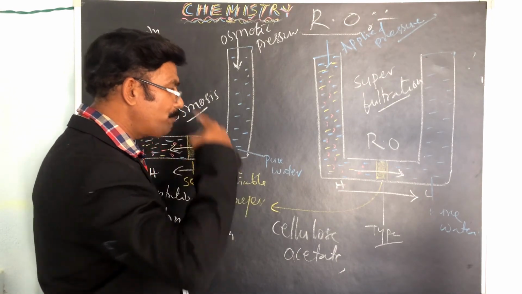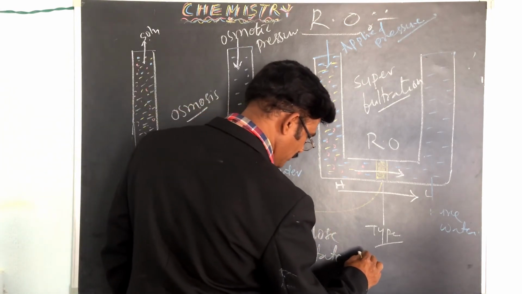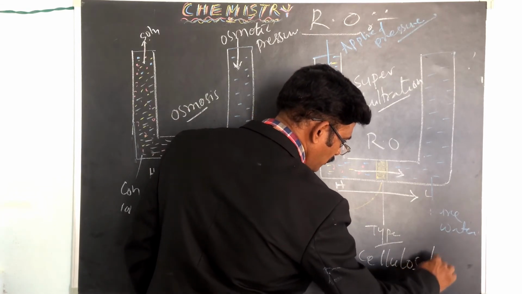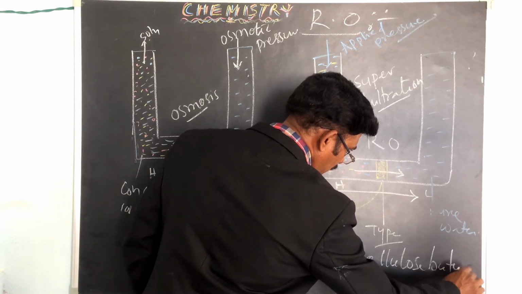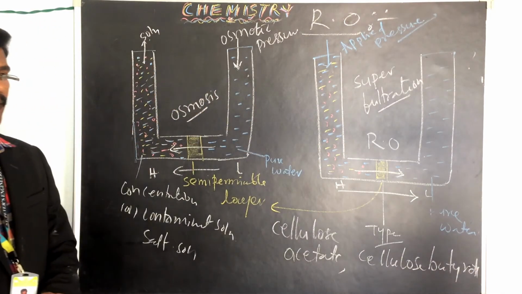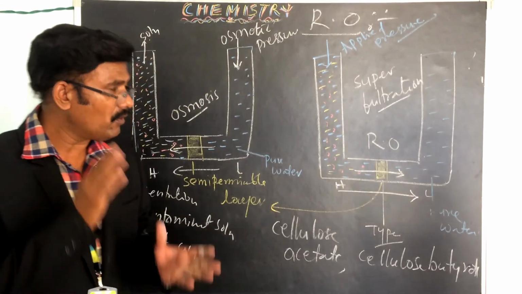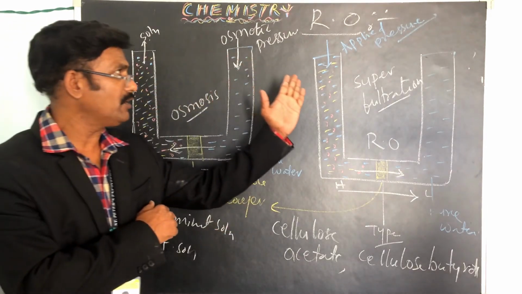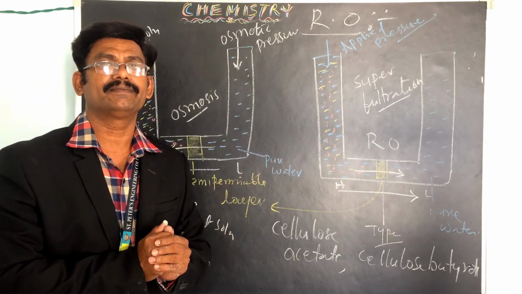Cellulose butyrate. So once again, if you know osmosis, then automatically we know reverse osmosis.